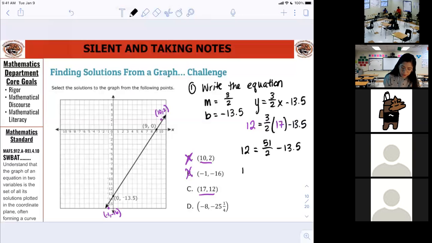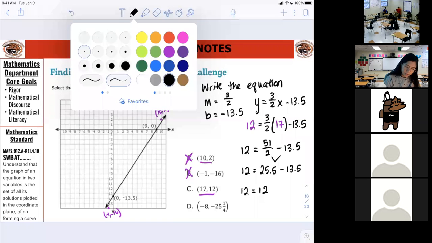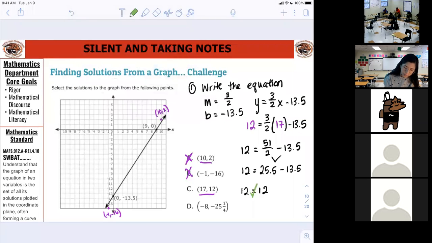And you can use your calculator. What is 51 divided by 2? 25.5. 25.5 minus 13.5. What do I get? 12. Does that add up? Yes. It sure does. There's my answer.